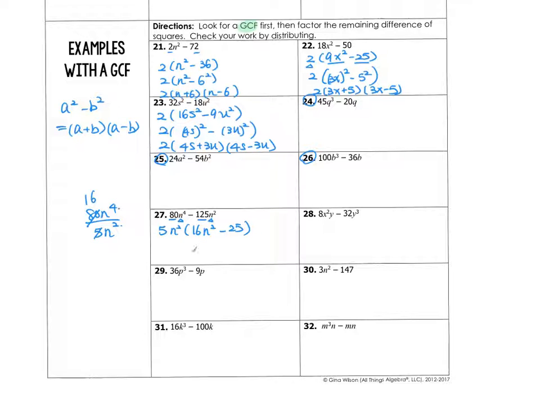So now if I rewrite this, the inside is 4n squared minus 5 squared. My final answer is to bring this down, 5n squared, then inside is 4n plus 5 times 4n minus 5.